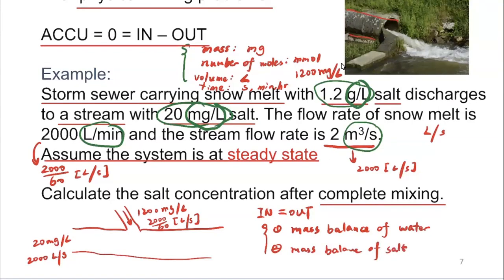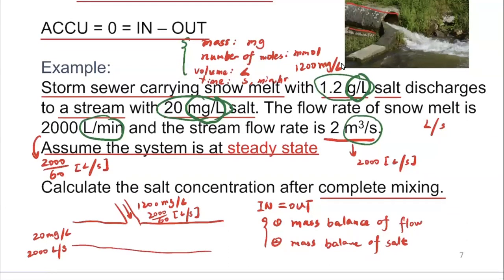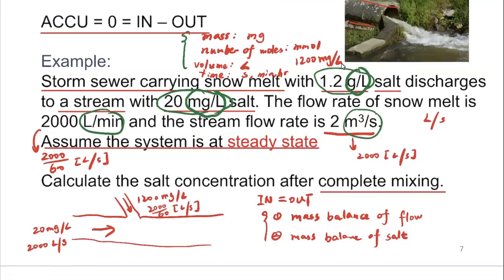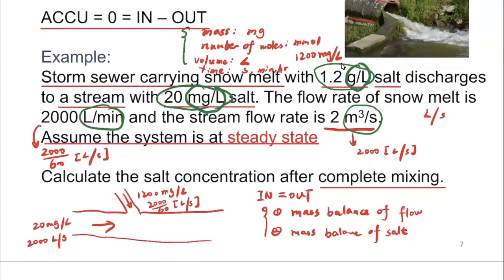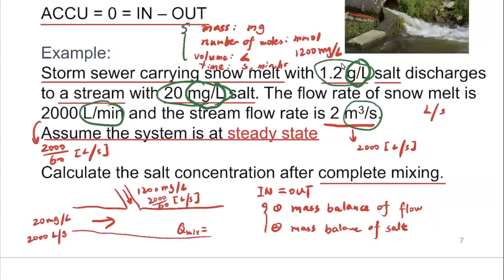Or I should say, the first is the mass balance of the flow. When you have two streams mixing together, the amount of the flow should always be the same. The flow rate should be balanced, right? So we can calculate that Q mix is just going to be the two flow rates upstream of this system.